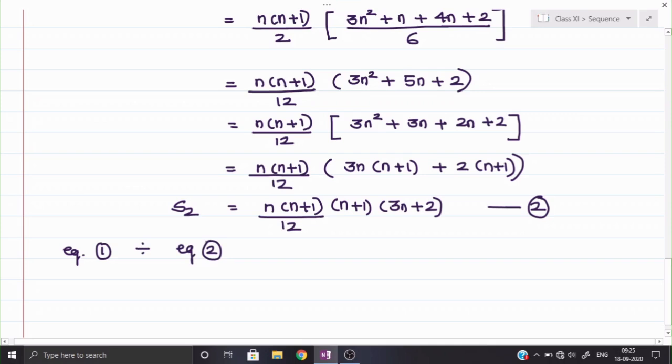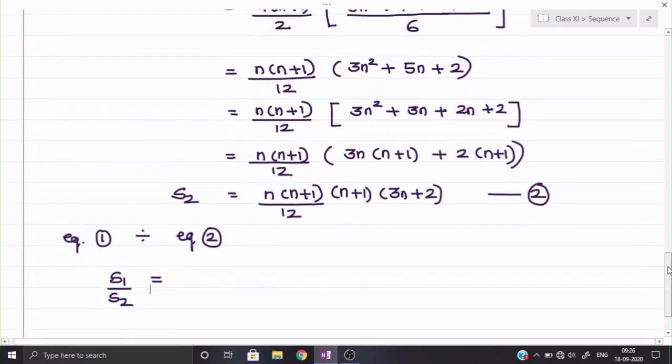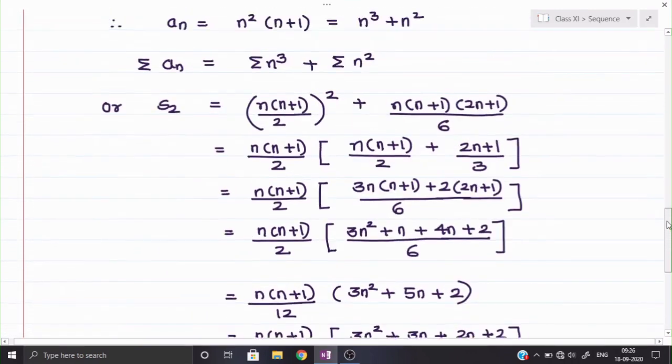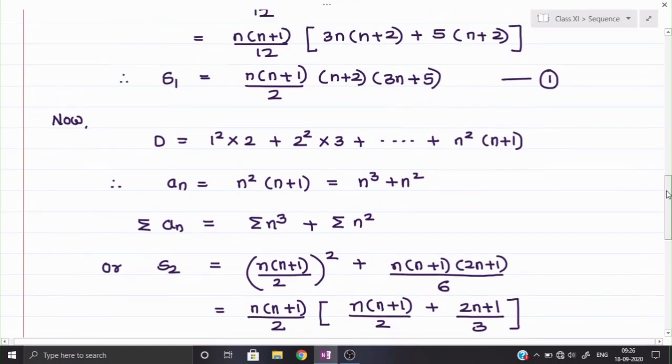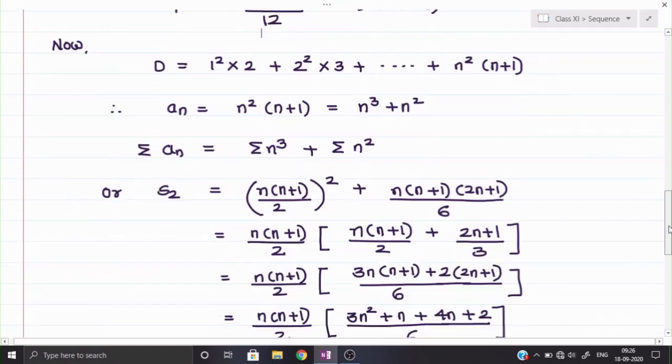So now what shall we get? S1 upon S2 is equal to, let us see what value we have kept in equation number 1, that we shall put up. That is n into n plus 1, sorry, here I wrote 2 by mistake, n into n plus 1 upon 12, then n plus 2 and 3n plus 5.